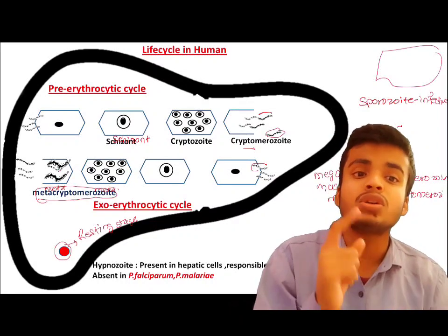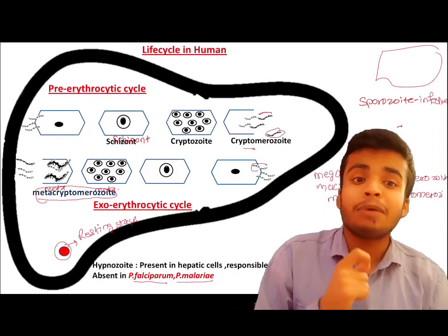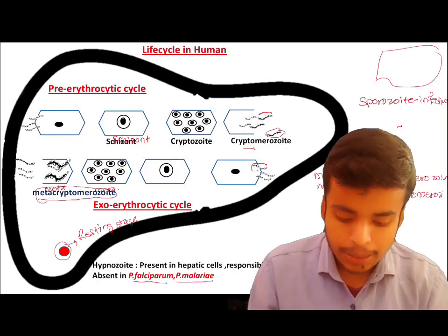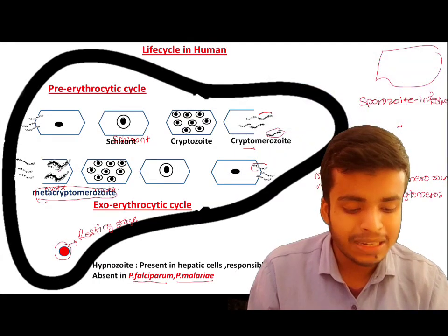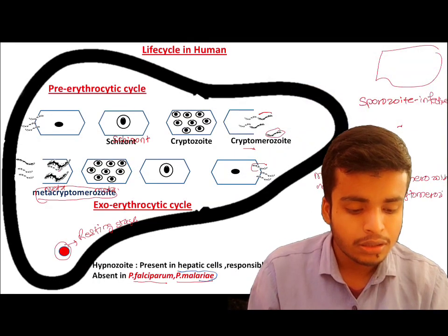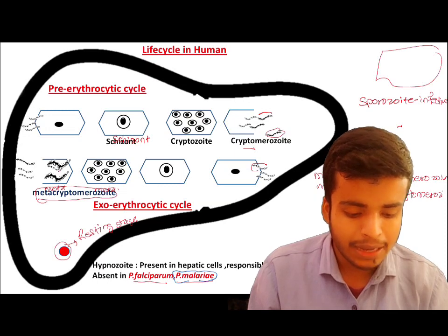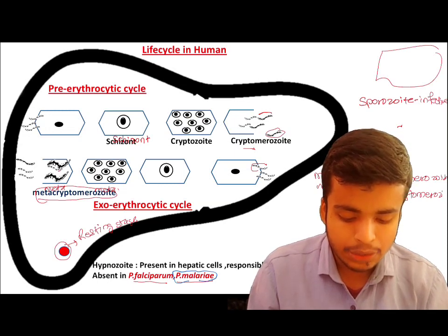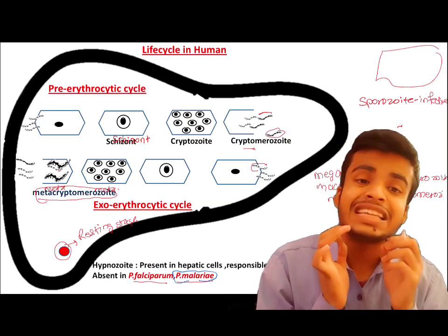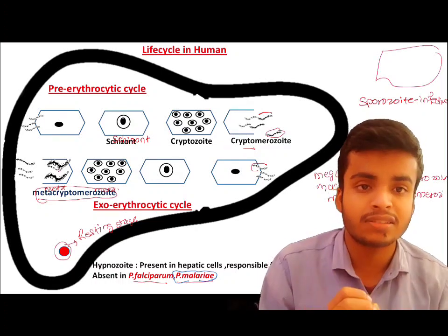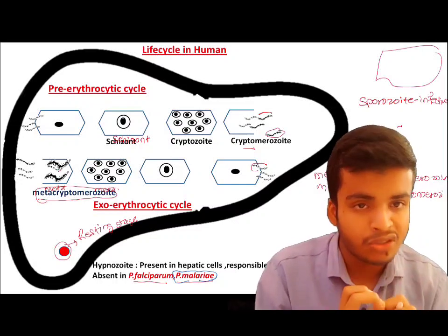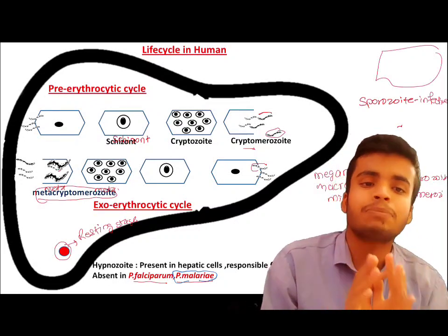Relapse of malaria is not seen in Plasmodium falciparum and Plasmodium malariae, because these species of Plasmodium do not have an exoerythrocytic cycle, so hypnozoites are absent.